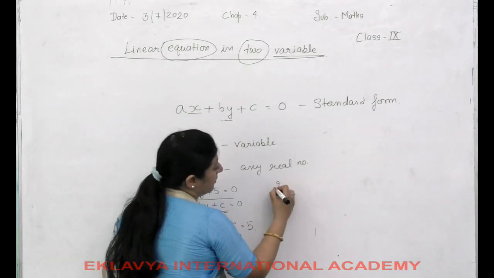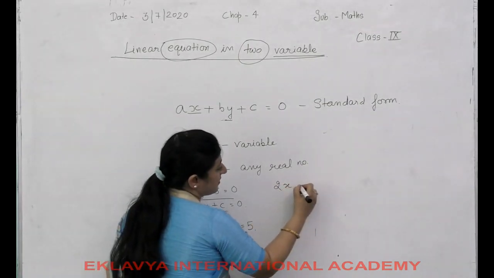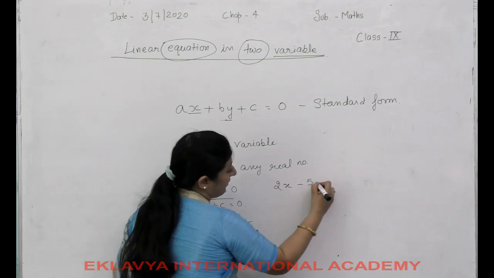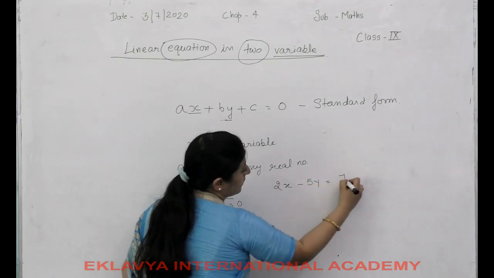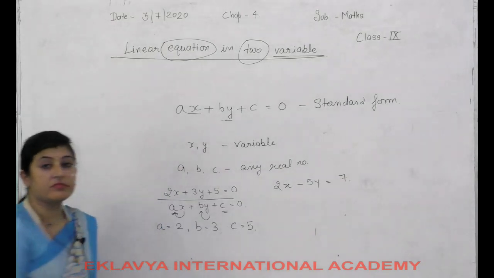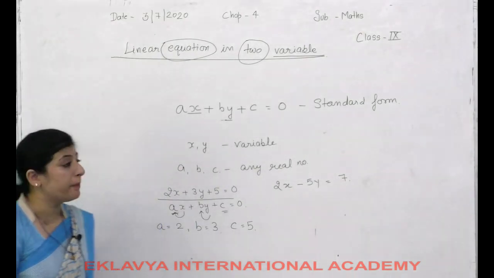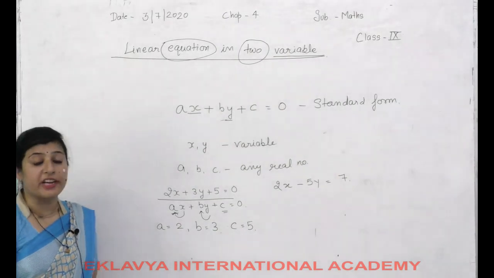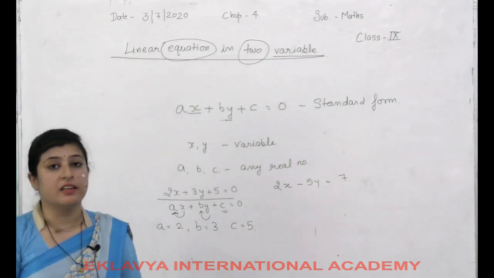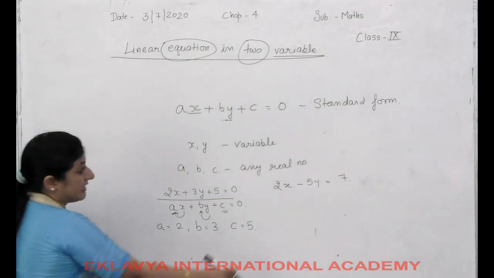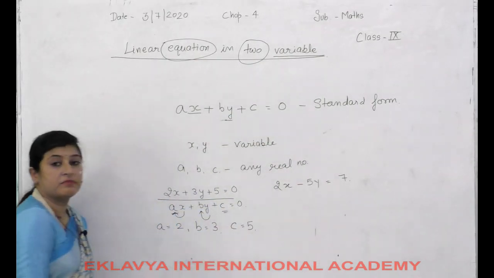Suppose I write down 2x minus 5y is equal to 7. Firstly convert it into the standard form, then write down the value of a, b and c. Firstly see, is it in standard form?